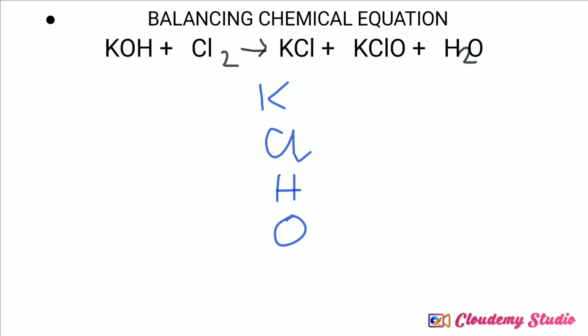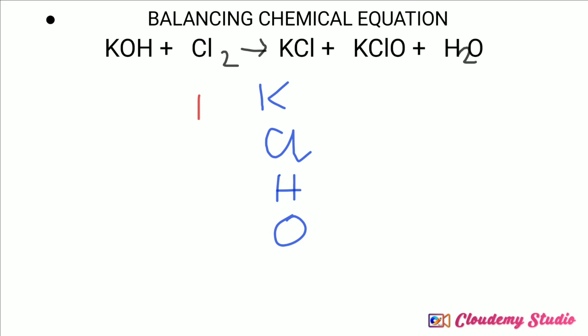At the left hand side, how many potassium atoms are there? Only one. At the right hand side, the potassium is present at two different places.